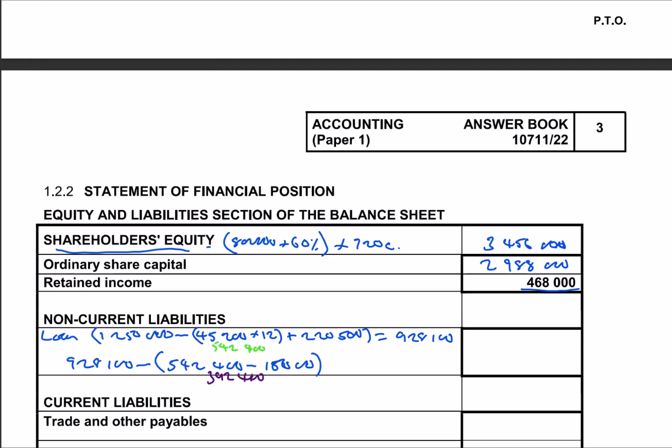So this will be the portion of the loan that will be paid in the next financial year.